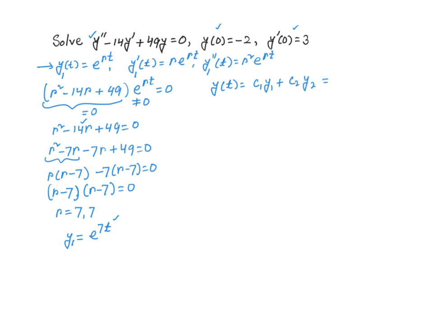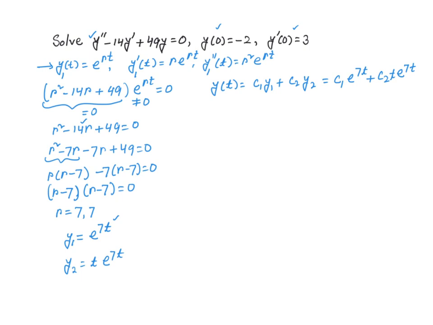But my c1, I don't know yet. I'll find it out. y1 is e to the power 7t, plus c2 times, now y2 is going to be t times e to the power 7t.